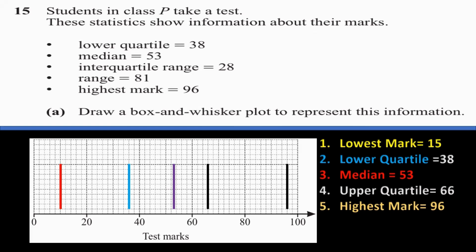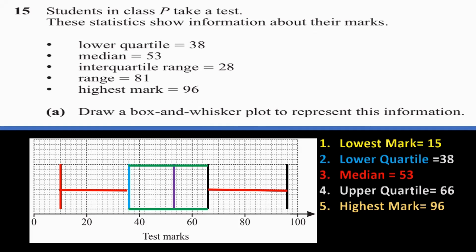So what next do we need to do to make it exactly a box and whisker plot? We connect this way, and that is what we need. And so, guys, we have been able to draw a box and whisker plot using the information given. Hope this is clear enough.